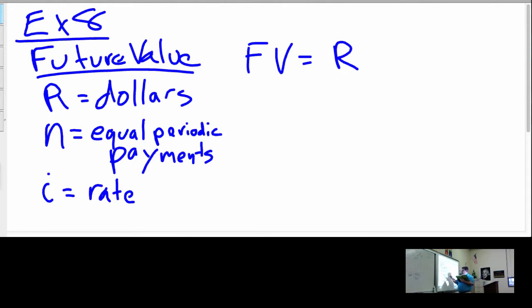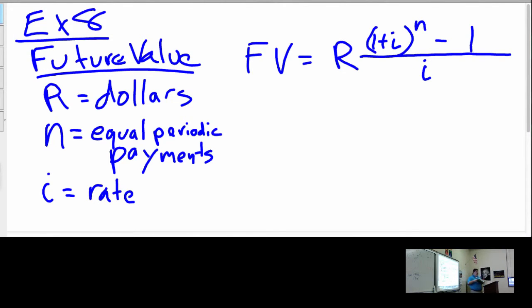So it's kind of the same setup, just different letters representing different things. And that's per compounding period, and it's a payment interval. And so the formula is R times 1 plus I raised to the n minus 1 all over I.